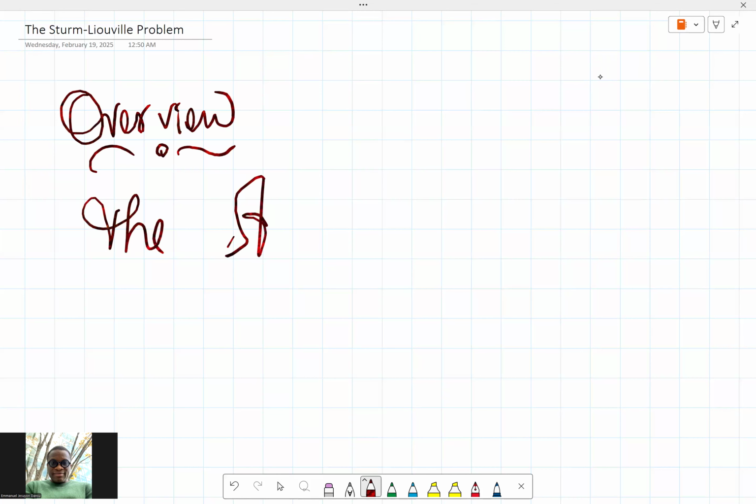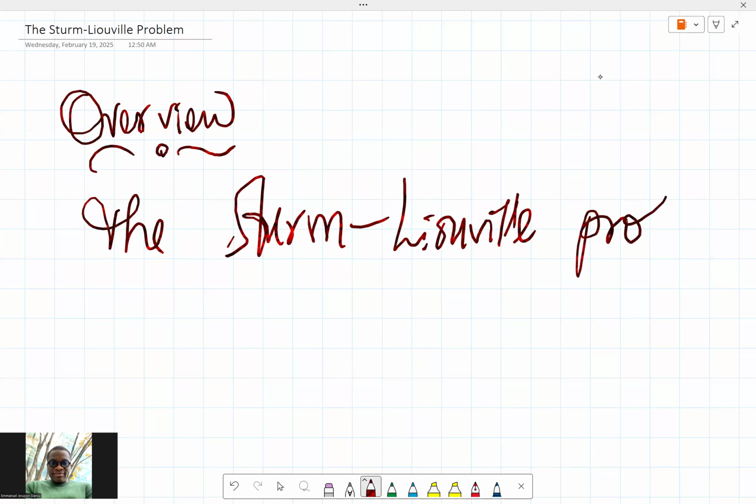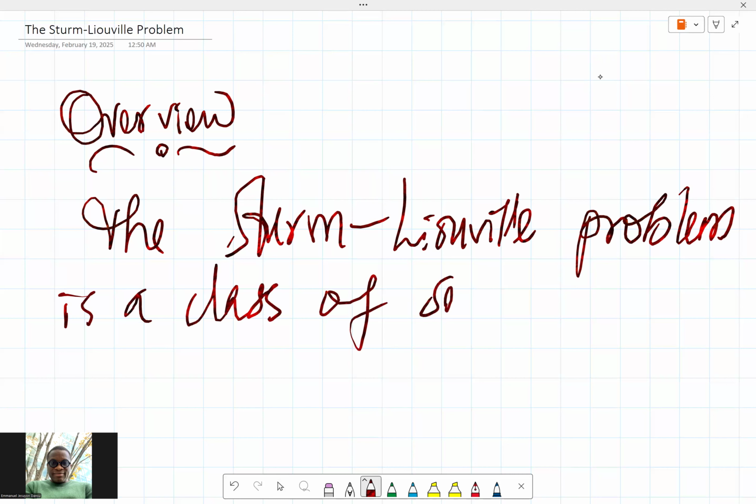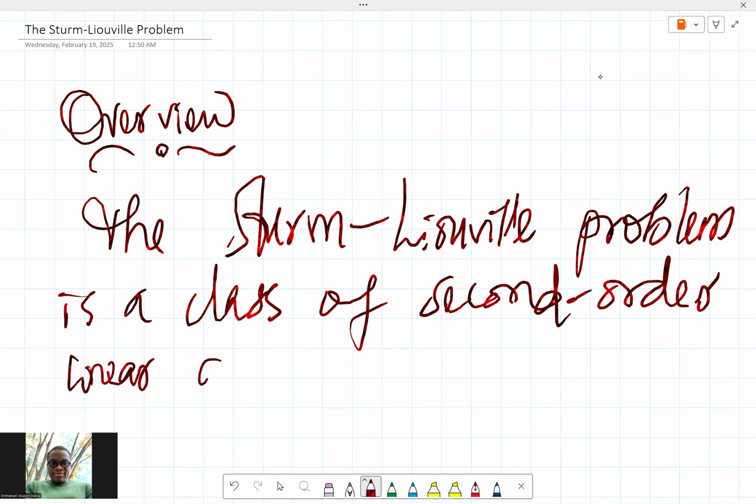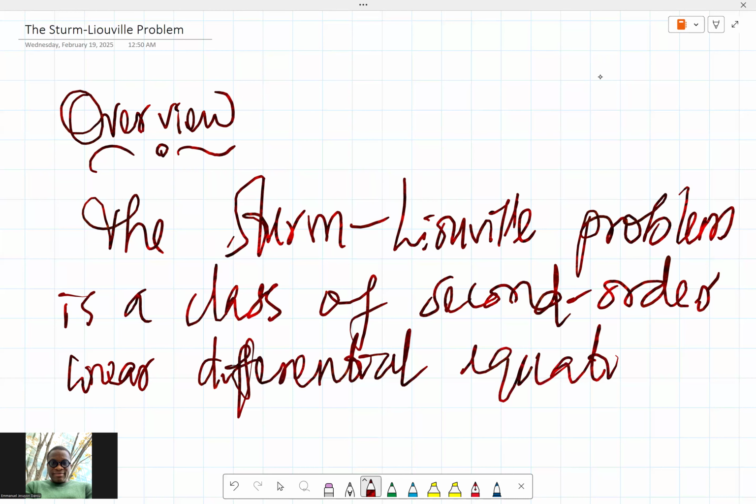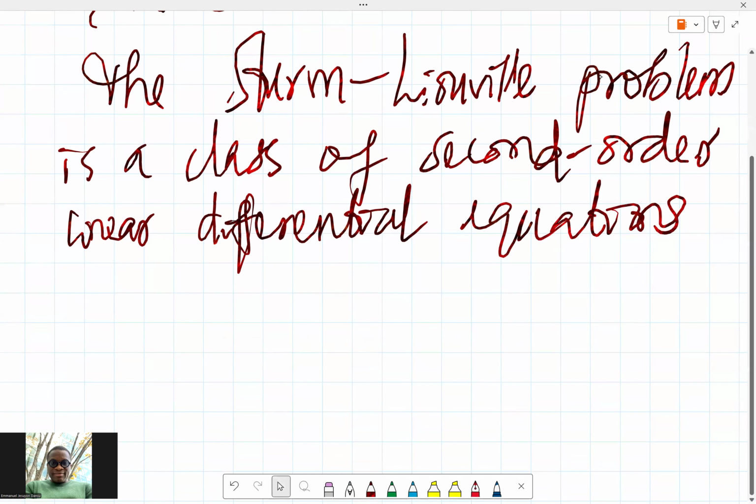The Sturm-Liouville problem is a class of second order linear differential equations with boundary conditions.